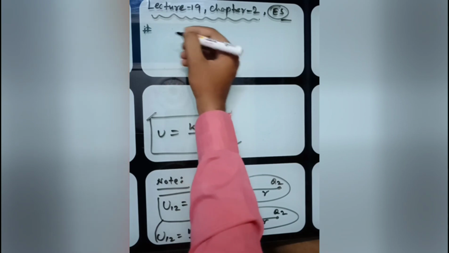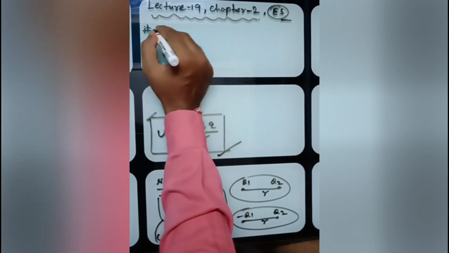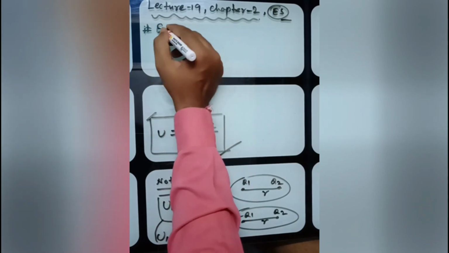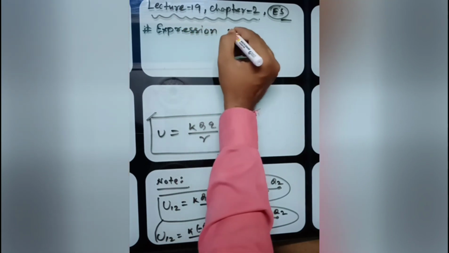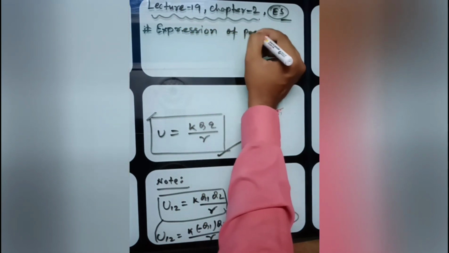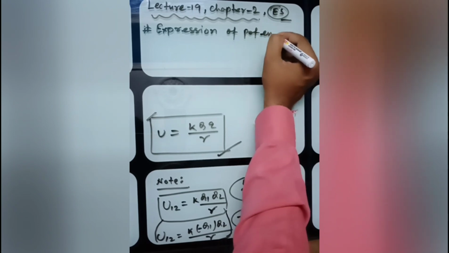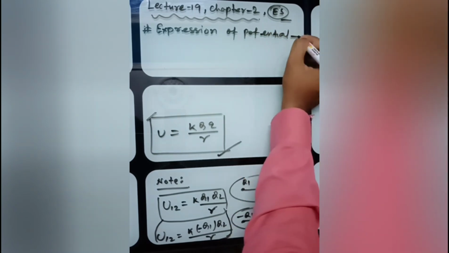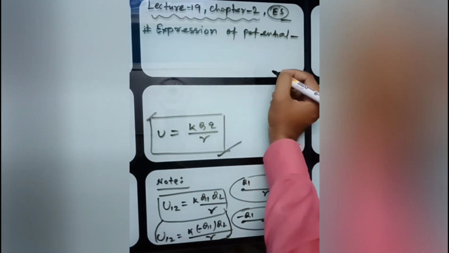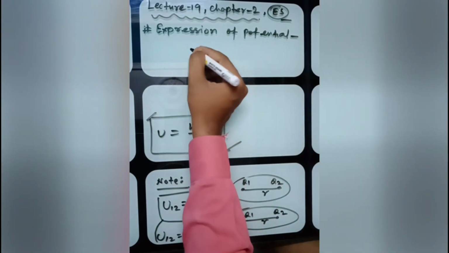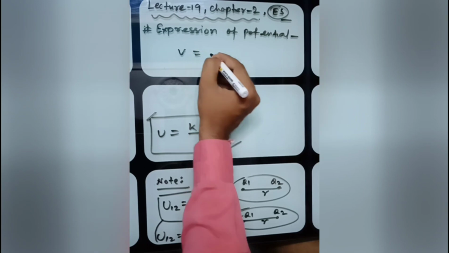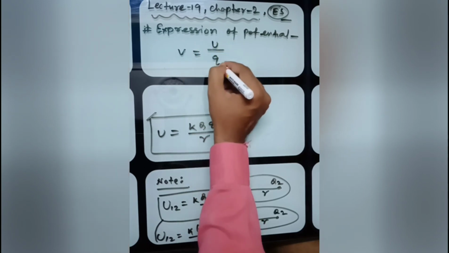That would be the easy expression of electric potential, remember. We represent potential by V, and we know that potential is nothing but potential energy per unit charge.